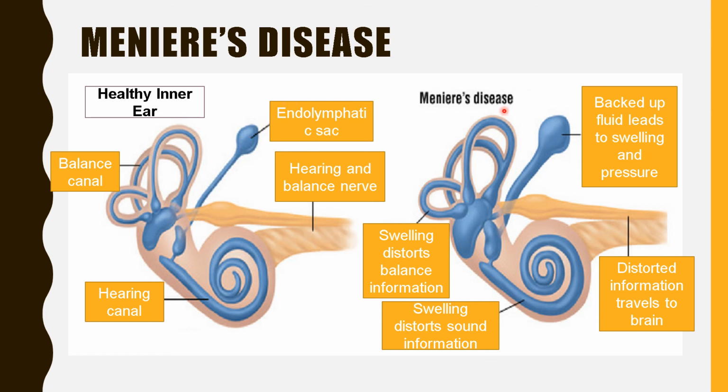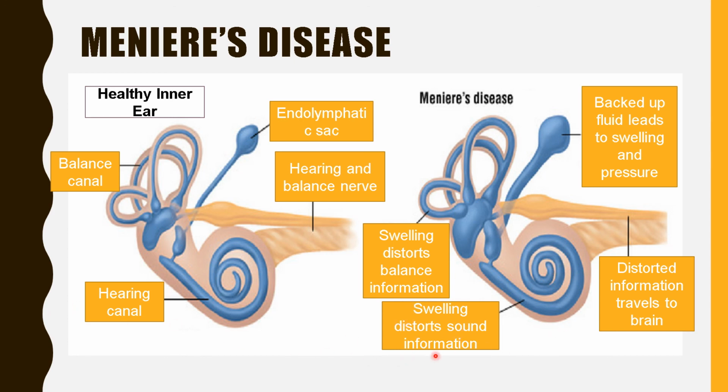In Meniere's, also called endolymphatic hydrops, there is more fluid instilled in the endolymphatic sac, which leads to swelling and pressure. Due to that fluid accumulation, the swelling distorts the balance information from the balance canal, and even the sound information filtered by the hearing canal.